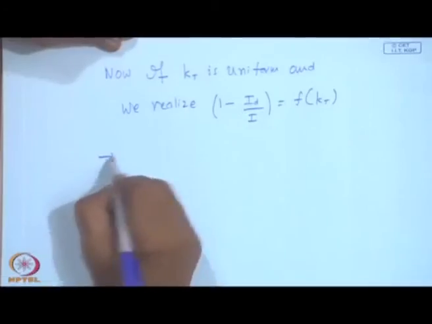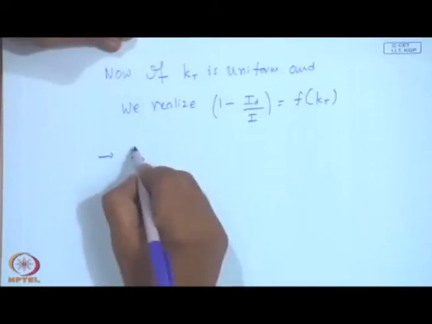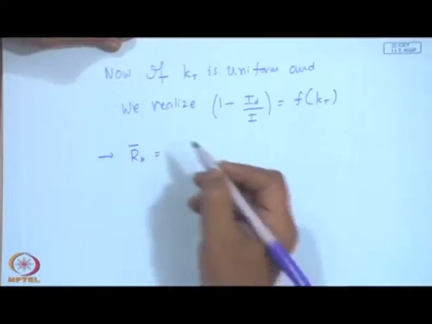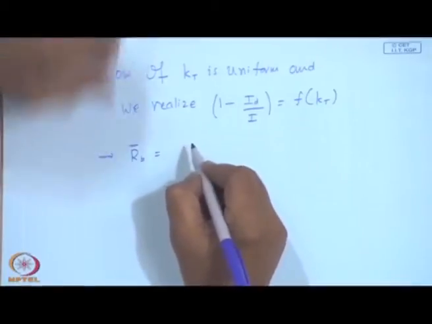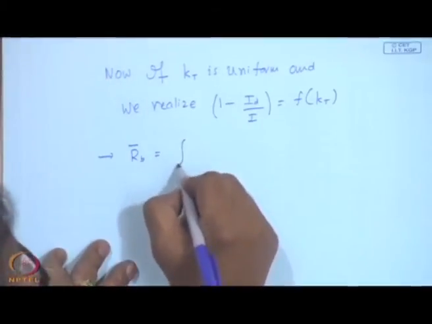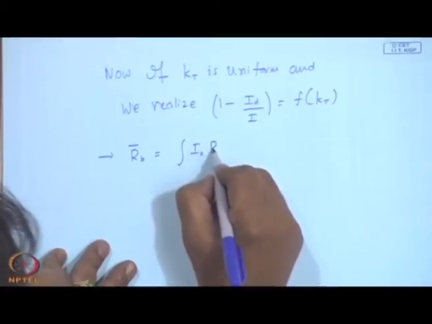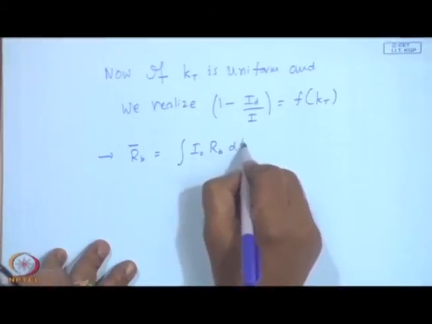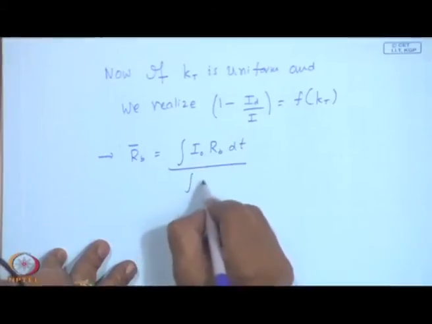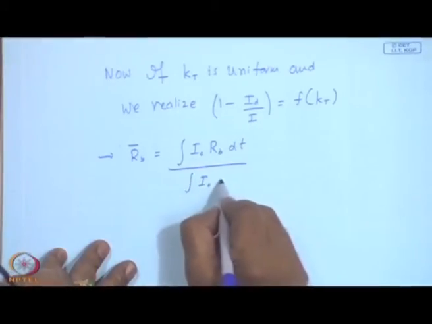If that is so, my R b bar will be simply integral I 0 R b d t by integral I 0 d t.